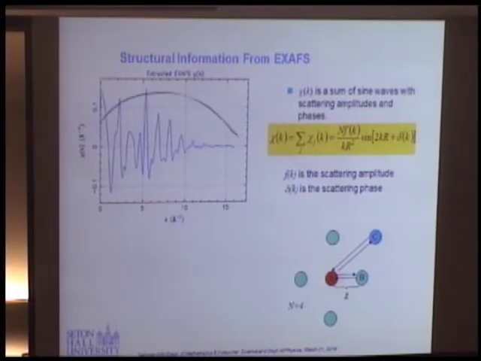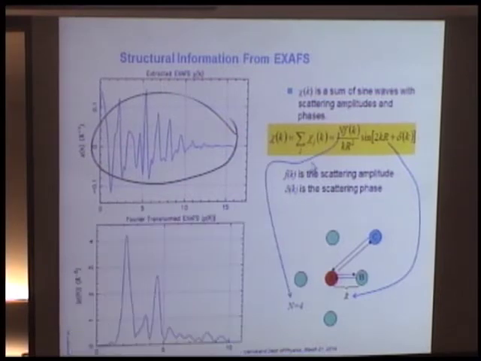In signal analysis, there's a bunch of waves with different frequencies, here with different momentum, different wave vectors, and you can simulate this with an equation. I'll talk about it. Then take a Fourier transform of the spectra. From momentum space, if you take a Fourier transform, you get real space.